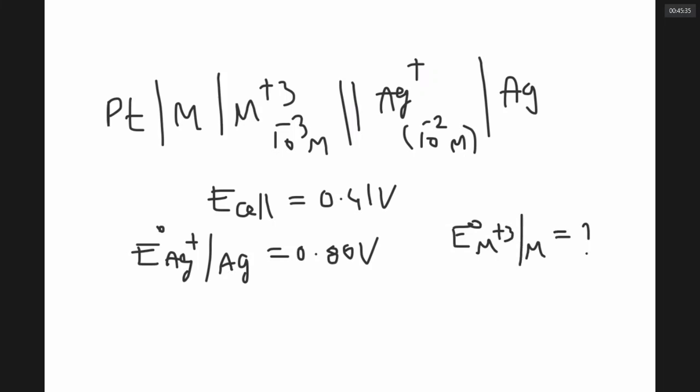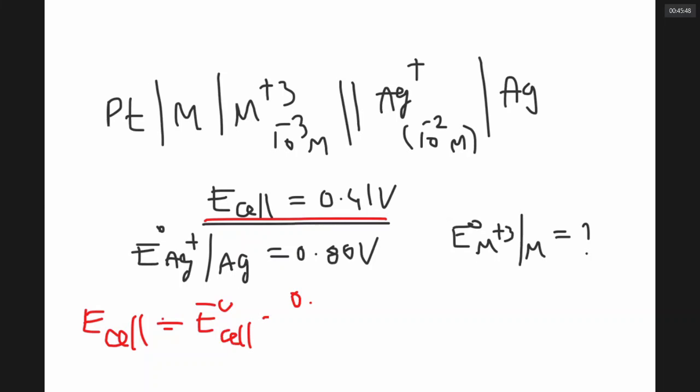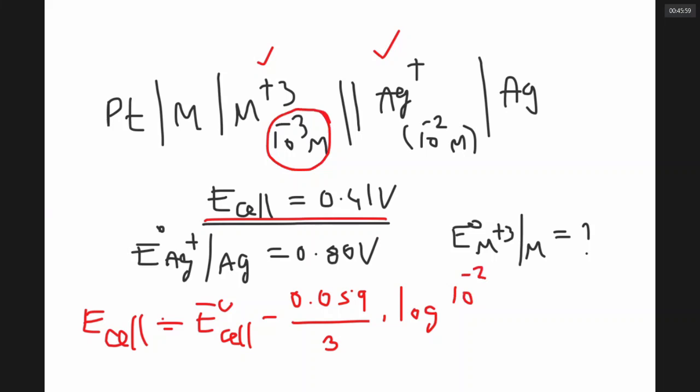Using this data in the Nernst equation, in the first step, I related the cell potential equal to the standard cell potential minus 0.059 by n, which is 3 because 3 electrons are involved, into log of product ion concentration divided by reactant ion concentration to the power 3.